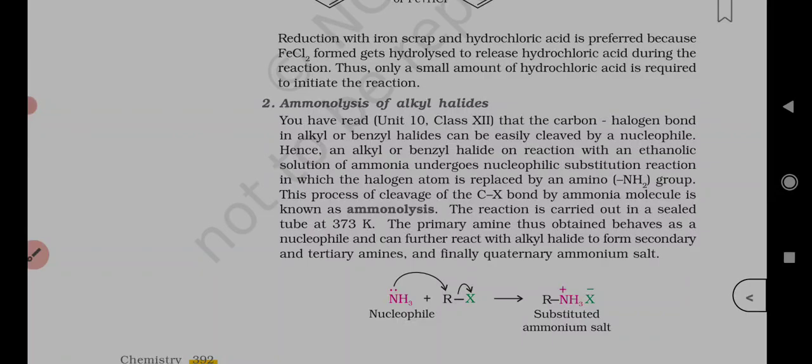See, next thing, ammonolysis of benzyl chloride and reaction of the amine so formed with 2 moles of CH3Cl.